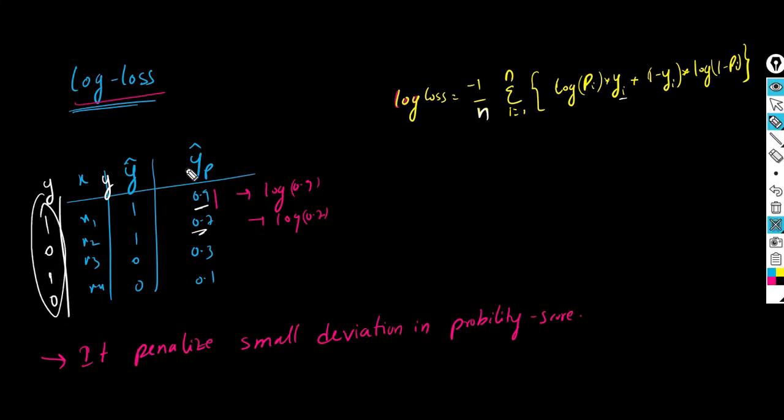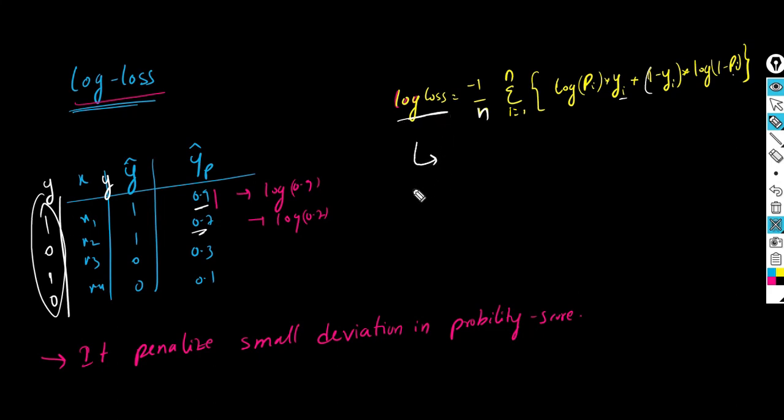Then plus 1 minus y_i times log of 1 minus p_i, where p_i is the same probability. This way we get the log loss.